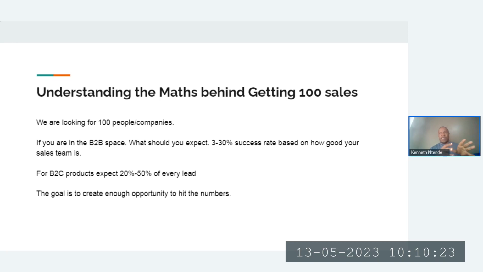So usually when you're selling B2B, the numbers look a little bit different. In most scenarios, you'll get anywhere between 5% to 20% success rate. The 5% is if you honestly don't have a good sales team in place. And the 20% is if you have people who are really spot on and understand what they're doing. Their conversion rate is about 20%.